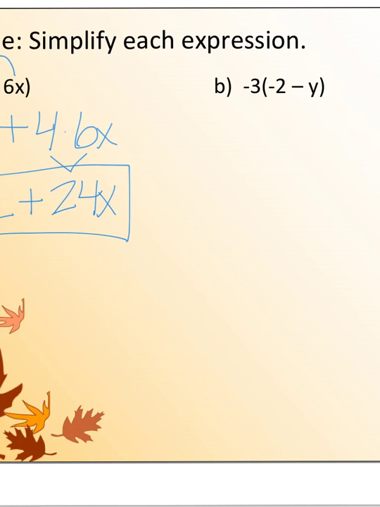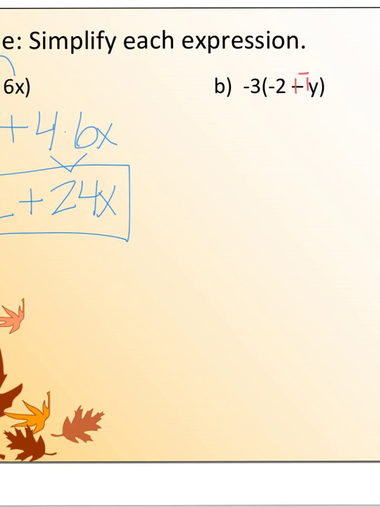Now let's take a look at example B. On example B, now I see that there's a subtraction sign, so we're going to do our keep, change, and then this y doesn't have a number in front of it, so I'm going to squeeze in a little 1 there. So I need to think about that being a negative 1y. Now I have to think about what number is being multiplied times the parentheses.